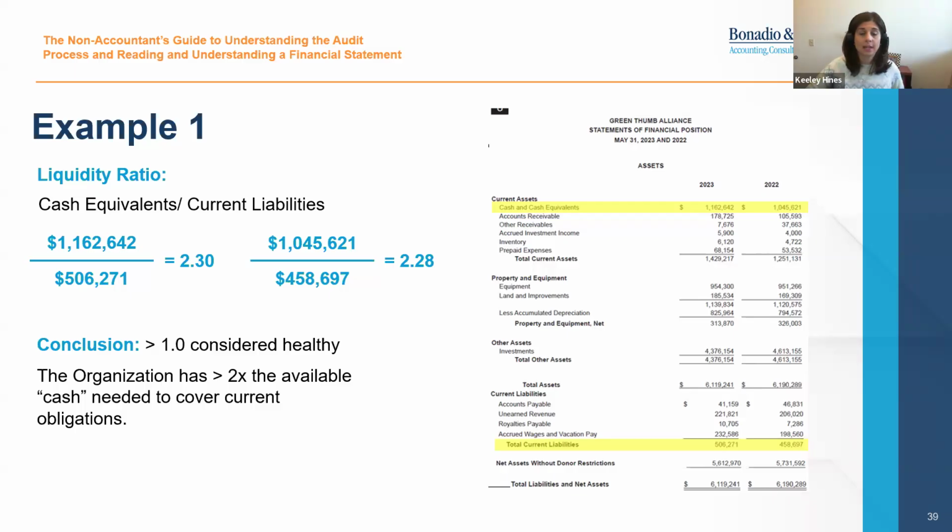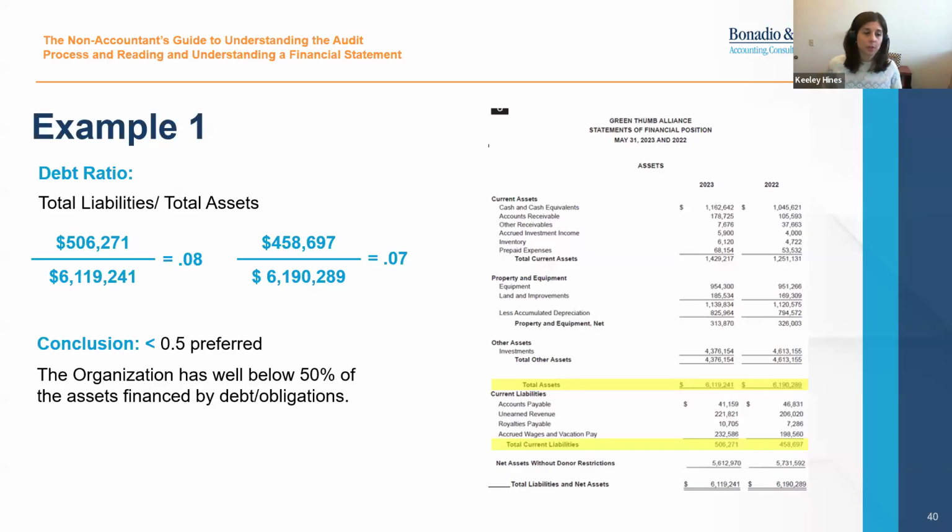So this really zeroes in on, okay, what do you have in your bank account at this moment in time to pay those current liabilities? And again, anything in excess of 1 is considered healthy. So again, Green Thumb really has the ability to meet their obligations simply using the cash that they have on hand at May 31.